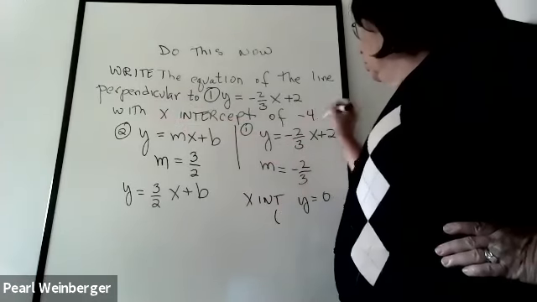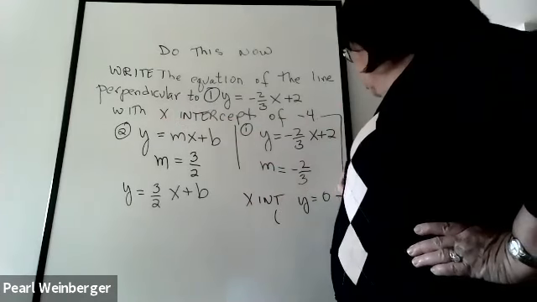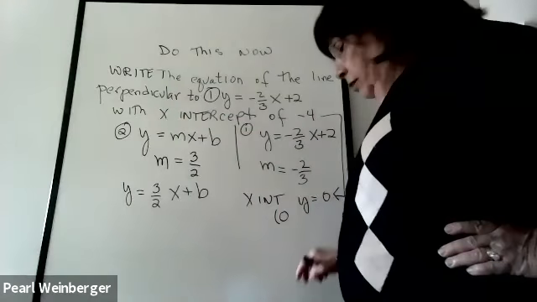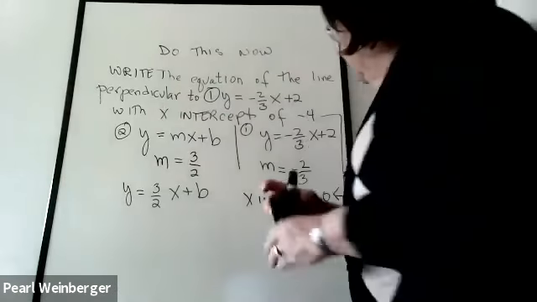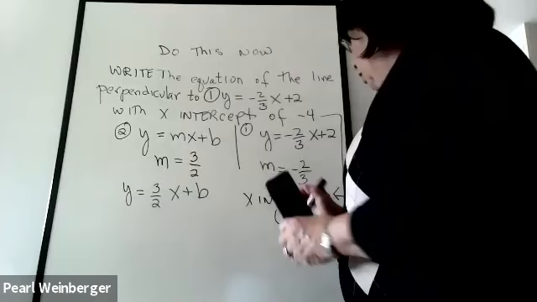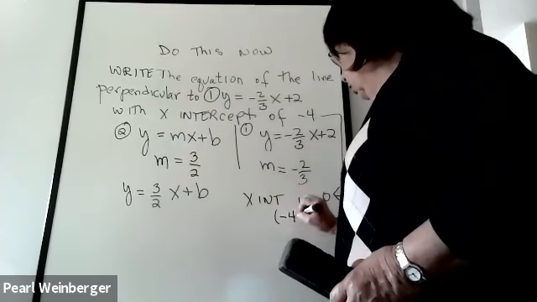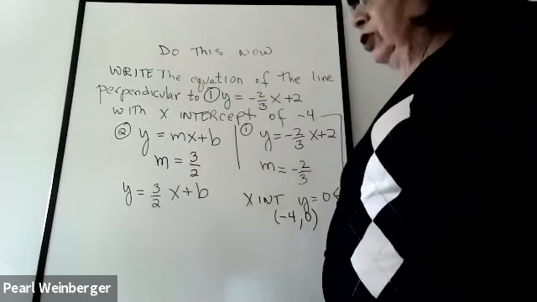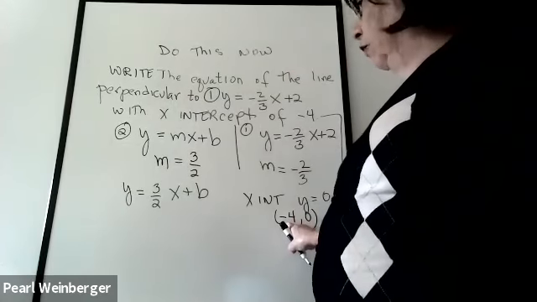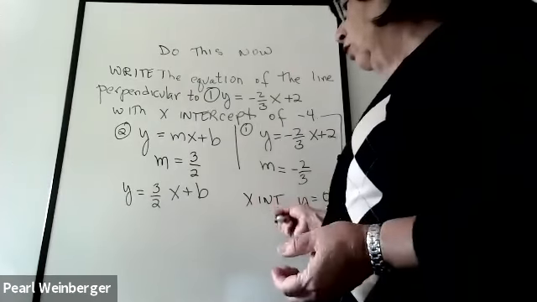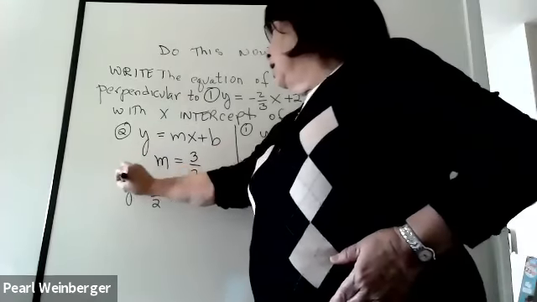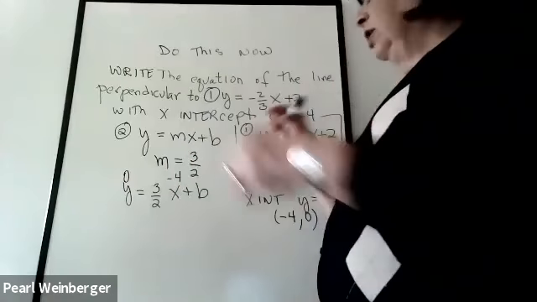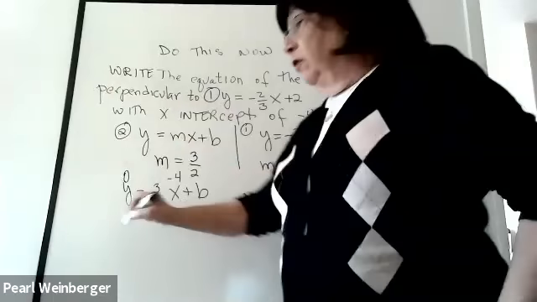So in other words, the fact that it has an x-intercept of negative 4 means that it goes through the point (negative 4, 0). So I can go to this equation and replace the x with negative 4 and the y with 0, and that'll give me an equation that will help me find the value of b.